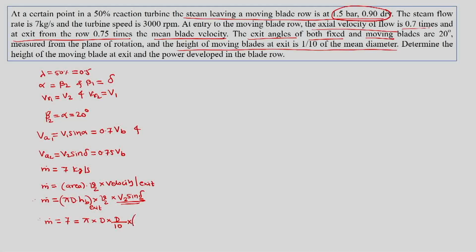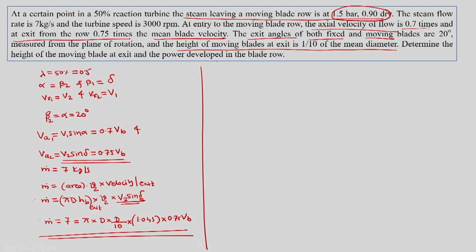From the steam table, if we find out, we will get v as 1.045 into V2 sin delta, and V2 sin delta is also known to us as 0.75 VB.